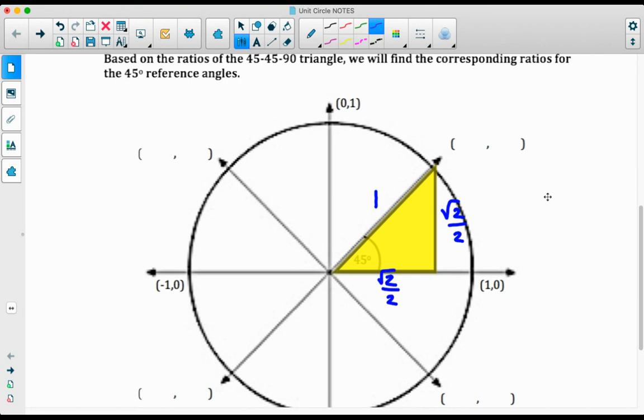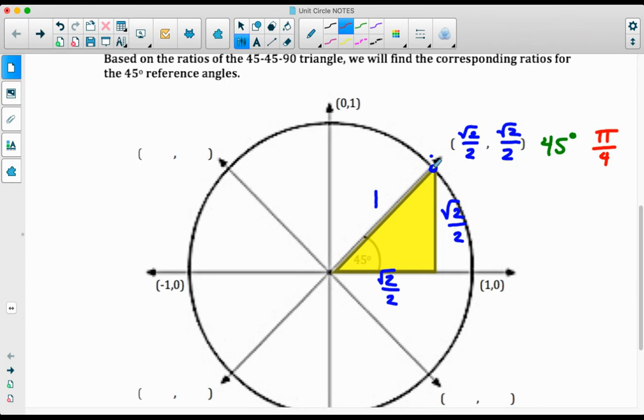With those two lengths, we can find the corresponding coordinate for this point on our unit circle, which is radical 2 over 2 for x and radical 2 over 2 for y. This is for a 45 degree angle, and in radians, that is equal to pi over 4.